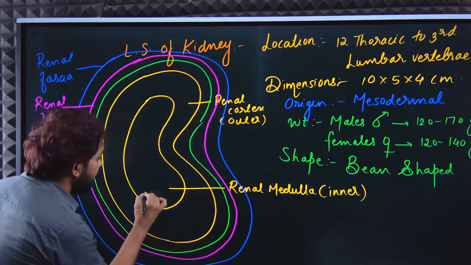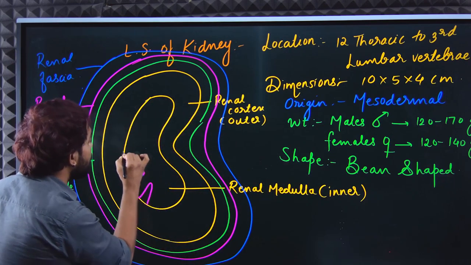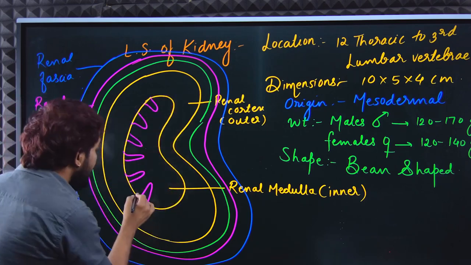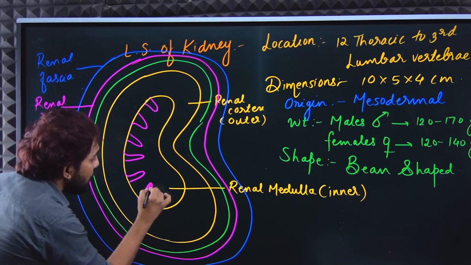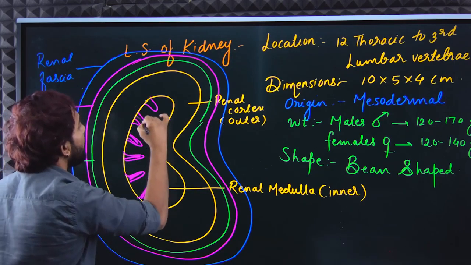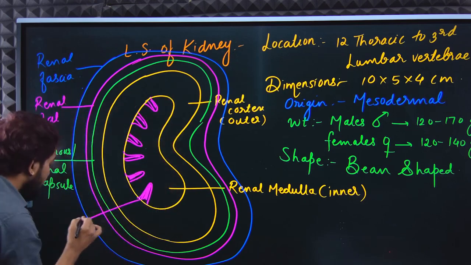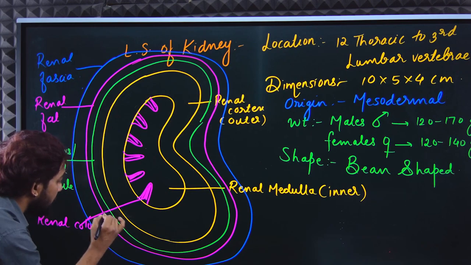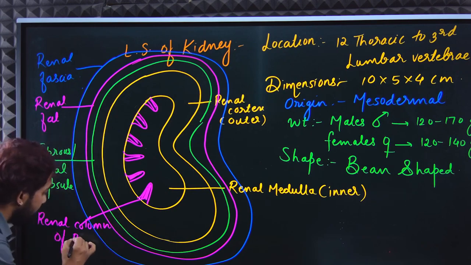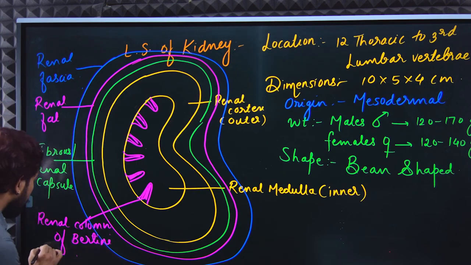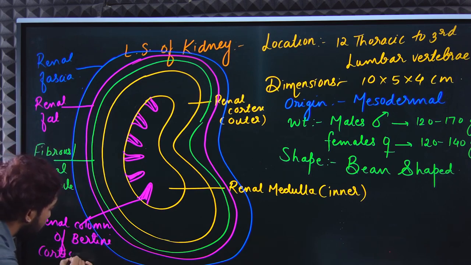This part of the cortex which enters into the medulla is called the renal column of Bertini, or it is also called cortical tissue.